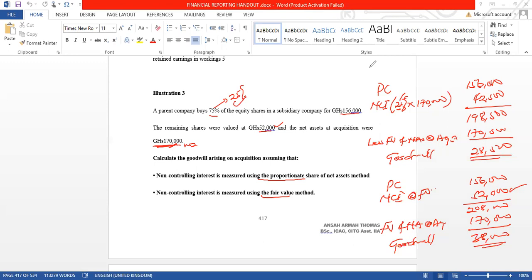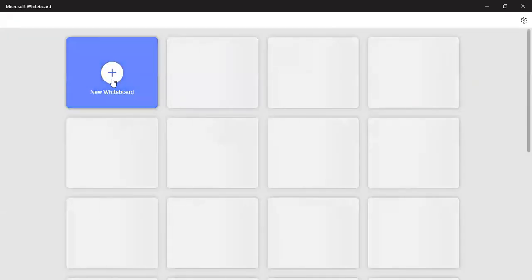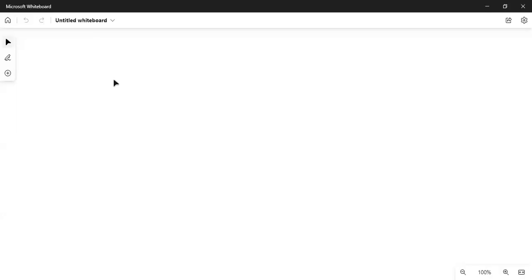Now, that said, let's go on and see how our workings format looks like. So this is how our workings format looks like. Let's go on with workings 4. Don't forget that we are doing 5 workings.